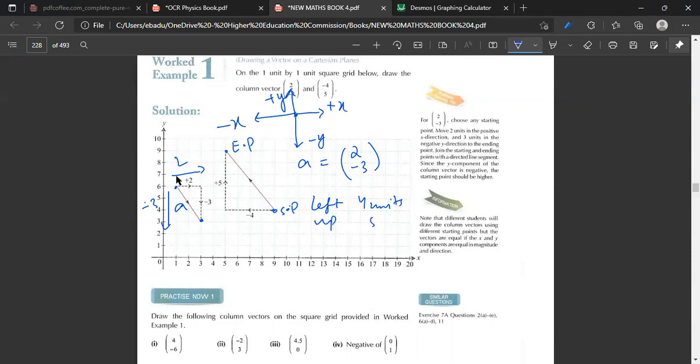Left 4 units means -4 in x, and up 5 units means +5 in y. So if this is vector b, we will represent b as (-4, 5).